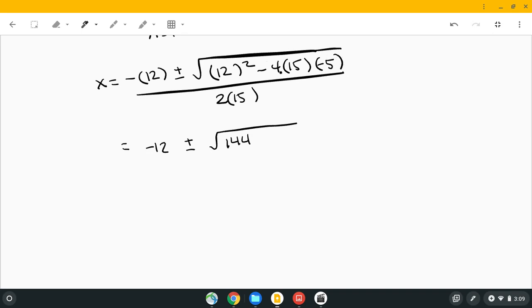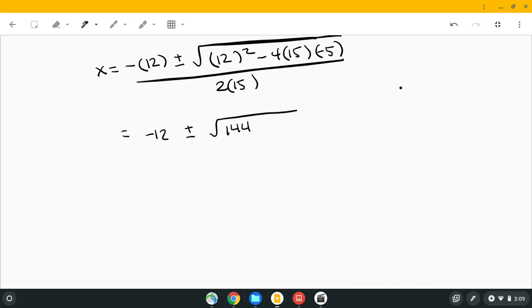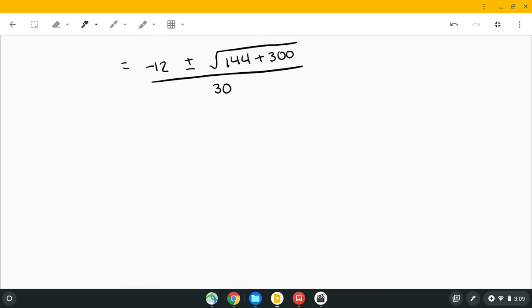So that's going to give me positive 20. 20 times 15 is 300. And then down below, 2 times 15 is 30. Okay? All right, so let's see what we get here. Negative 12 plus or minus square root, and that is 444 all over 30.